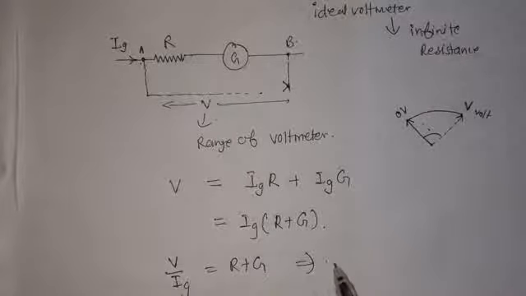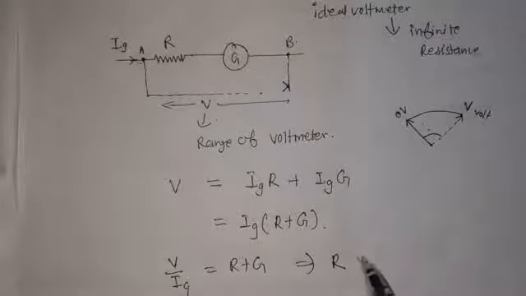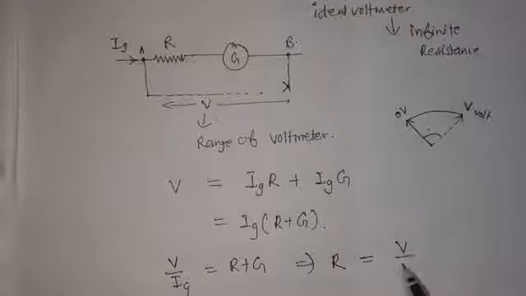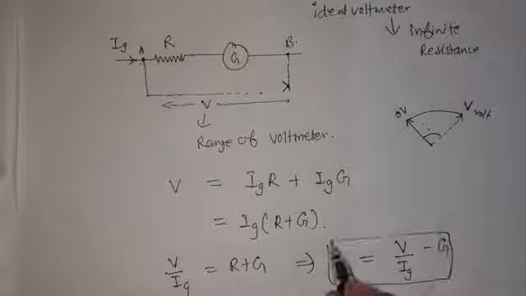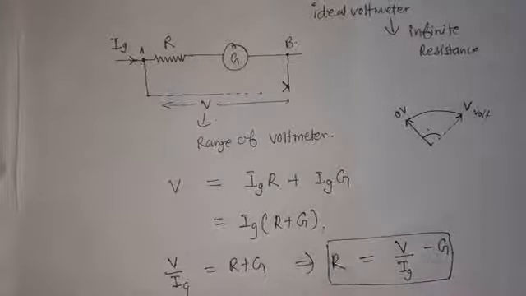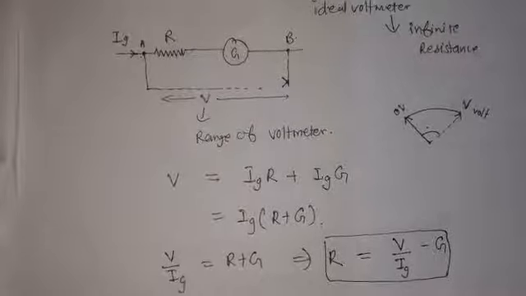So the series resistance needed to make the desired range is R = V/Ig - G. This is the formula to find how much series resistance we must use so that the galvanometer can be converted into the desired range.